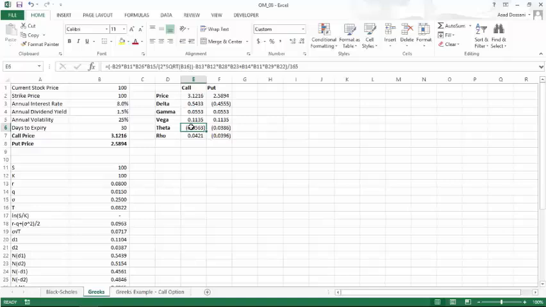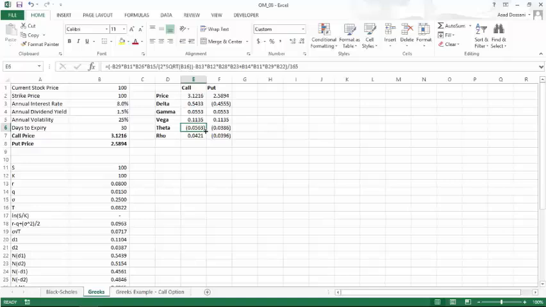Alright, so time to expiry, say, goes from 30 to 29 days. And this is intuitively sensible because we want to know what happens as the option approaches maturity, right? Because the time to expiry is always dropping every single day. So what this is telling you here, so these brackets mean it's a negative number, that this option will lose 0.056 per day.